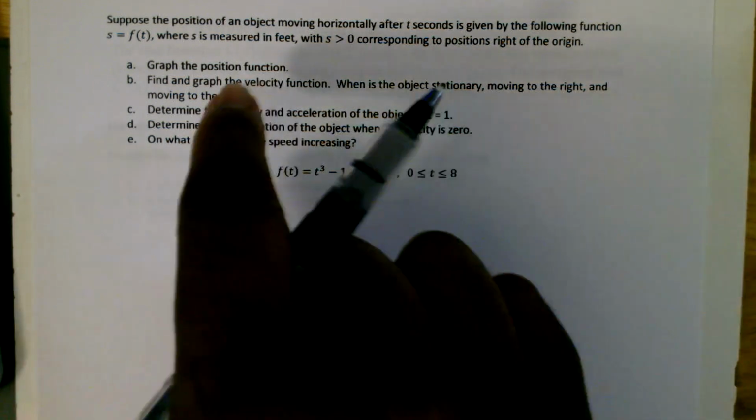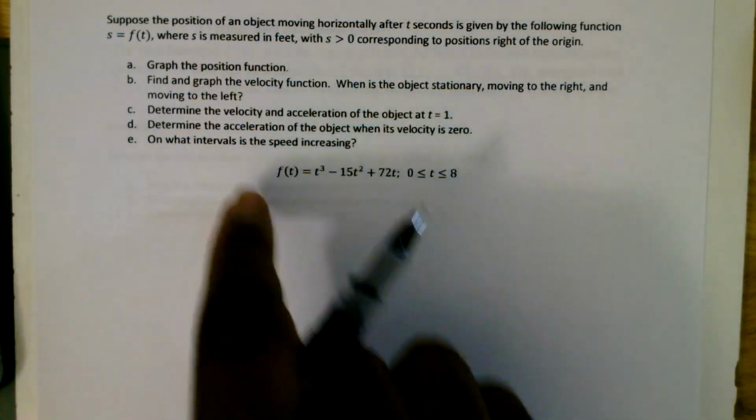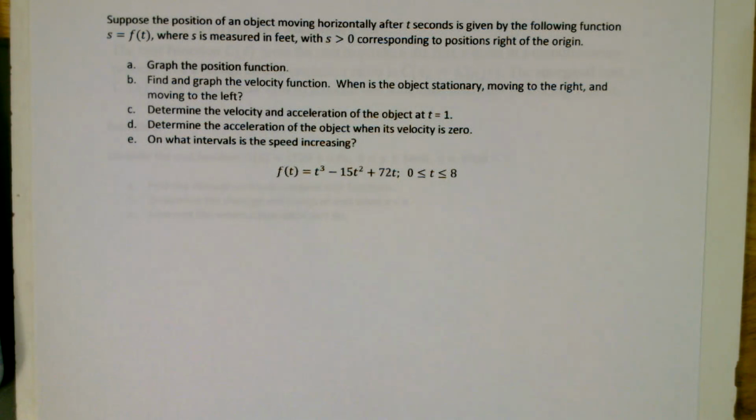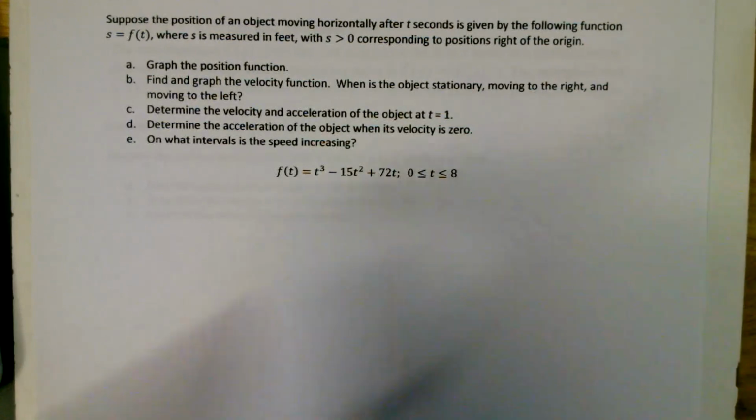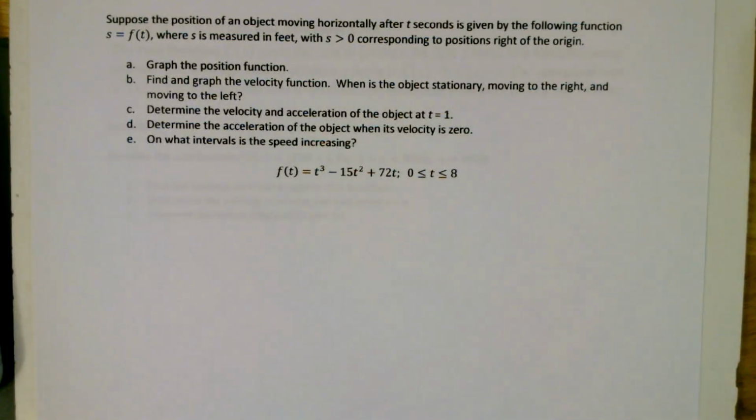So pretty much these directions are the same here. Our function is a little bit different. We got f of t equals t cubed minus 15t squared plus 72t. The interval this time is from 0 to 8 for our time.